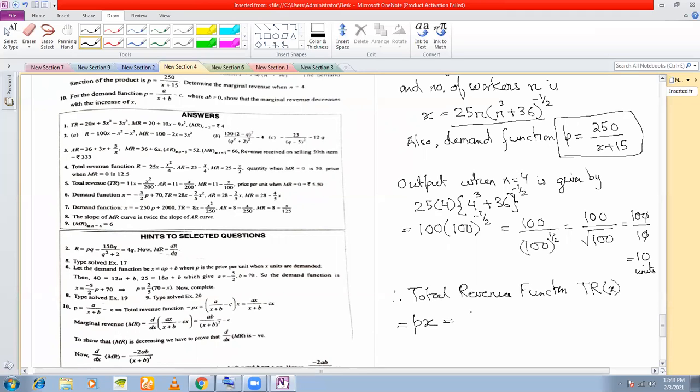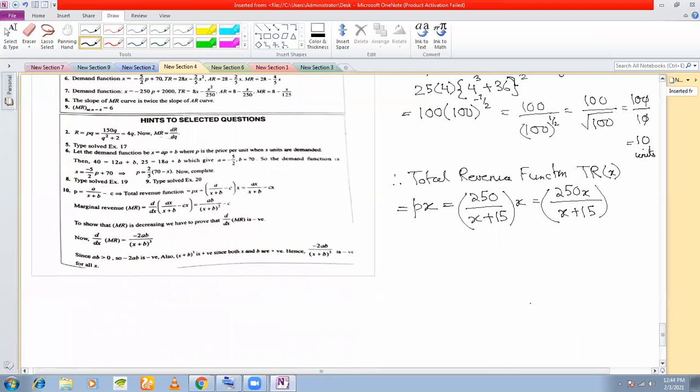And what is P given here? 250 divided by x plus 15, into x, which is 250x divided by x plus 15. Okay, so this is your total revenue function.